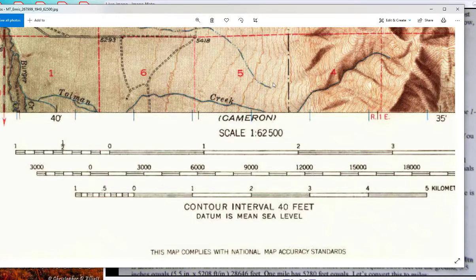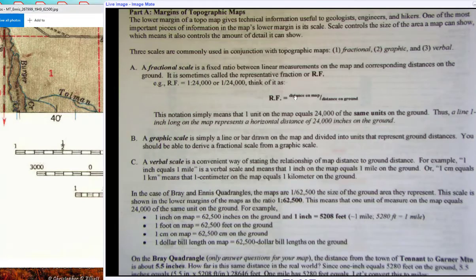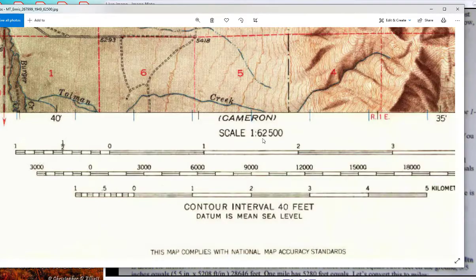So if I measure 1 inch, like the distance between in one section, that's 1 inch, right, which is about a mile on this map, it covers 62,500 inches, right? So 1 inch on the map is 62,500 inches. So that's kind of this whole thing about the distance on the map and distance on the ground, right? So you measure 1 unit on the map, you have equivalent units on the ground, right? In this case, 62,500. That's what it's telling you.